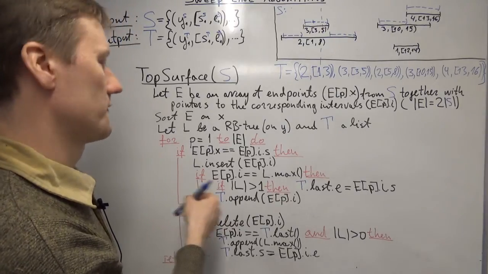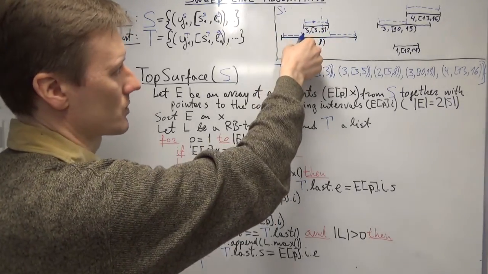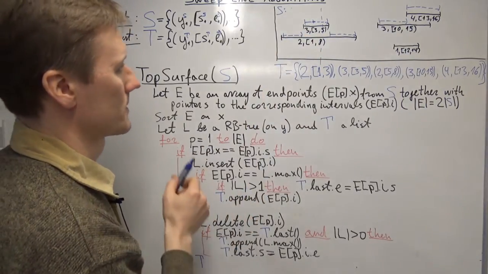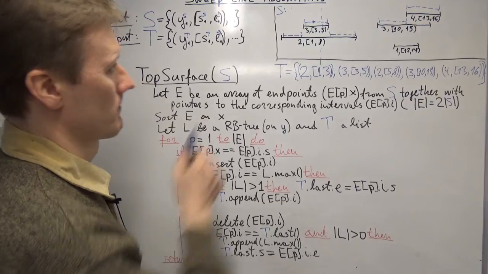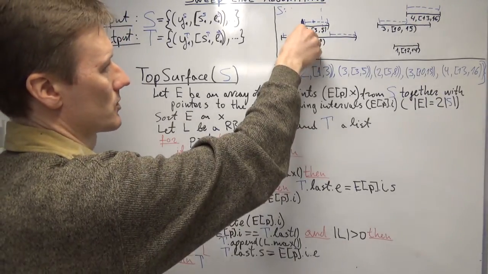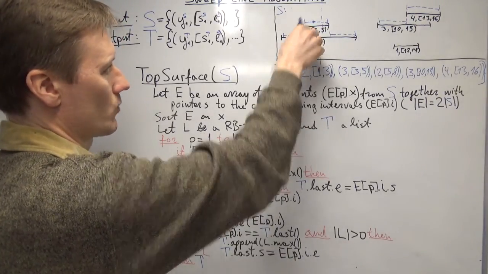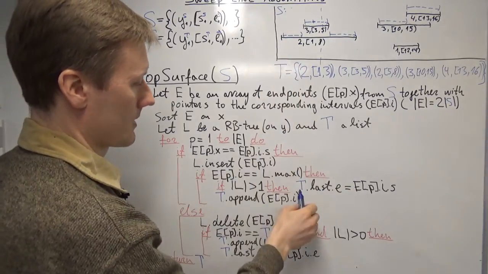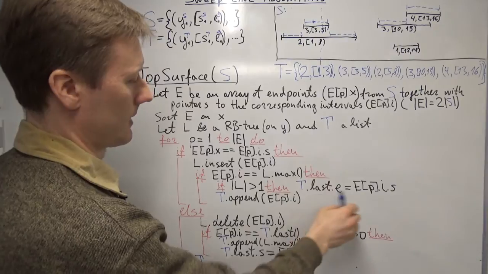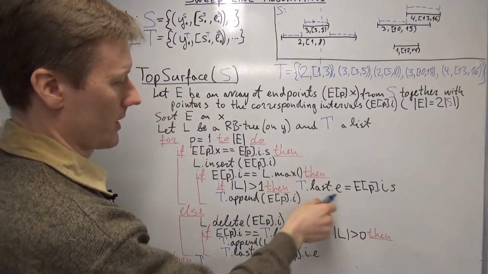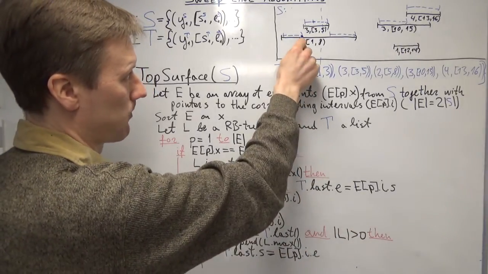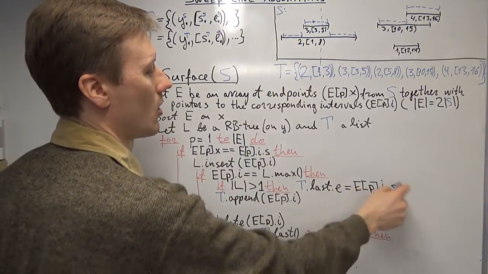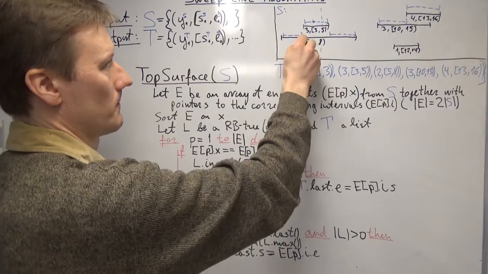see if before inserting this event into the sweep line status, the sweep line status was not empty. Like in this case, it was not empty. Then what we have to do is take the last interval from the output and set its endpoint to be equal to the beginning of the new topmost interval.